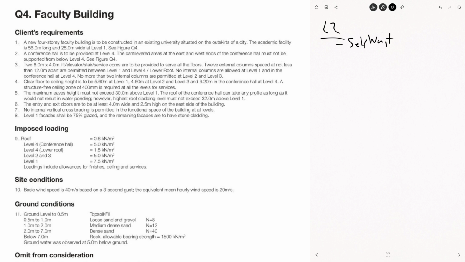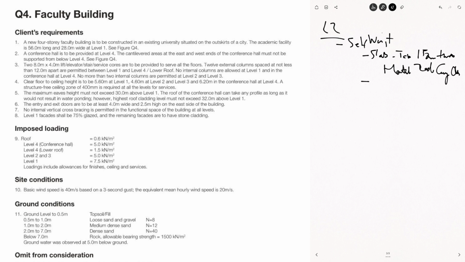Which is going to be part of the slab, and take 150 millimeters thick metal deck composite slab.